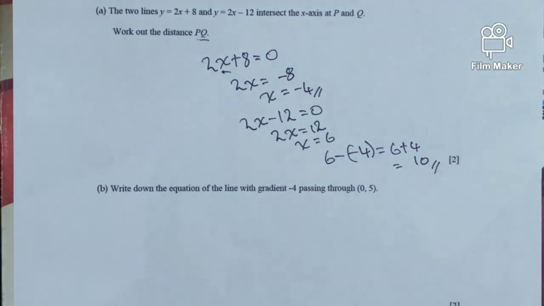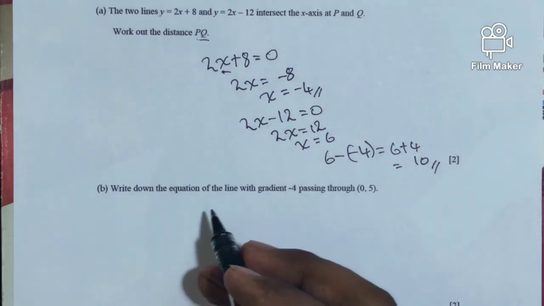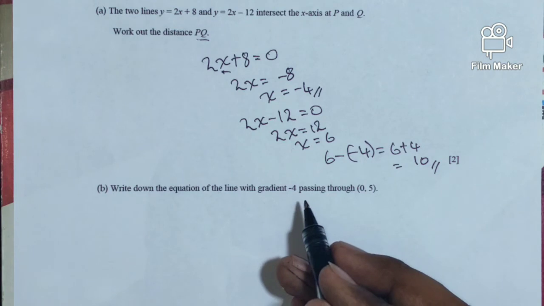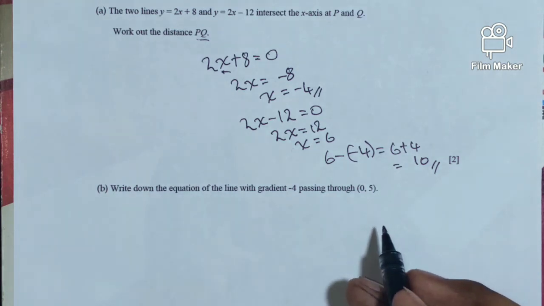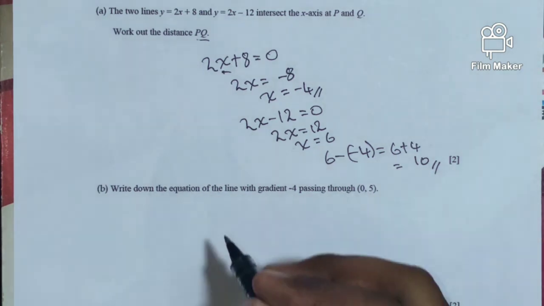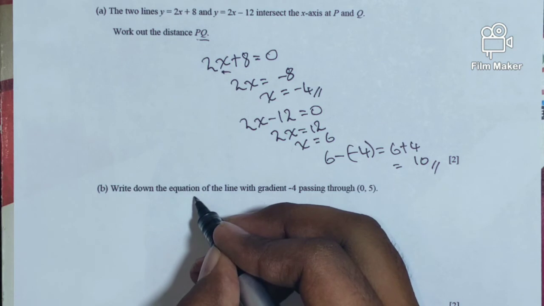Now the second part of the question is, write down the equation of the line with gradient minus 4 passing through (0, 5). Now to find the equation of this line, we will take the form of the equation, which is y equals mx plus c.